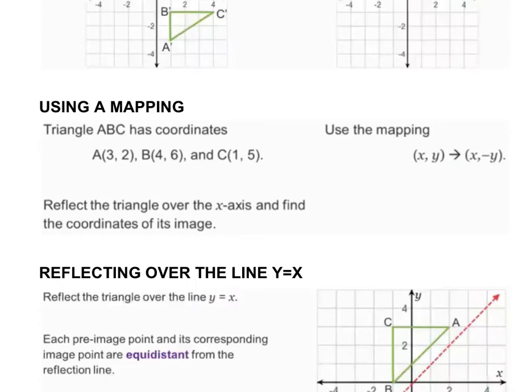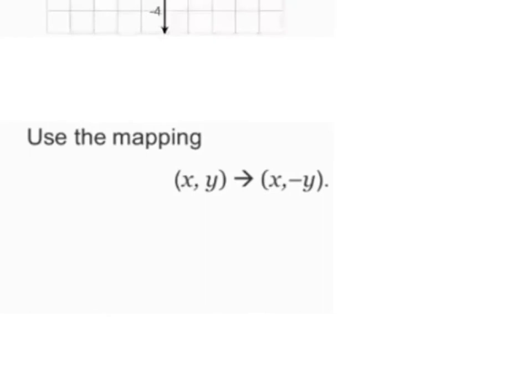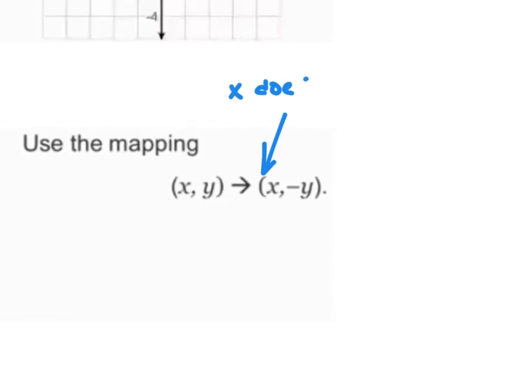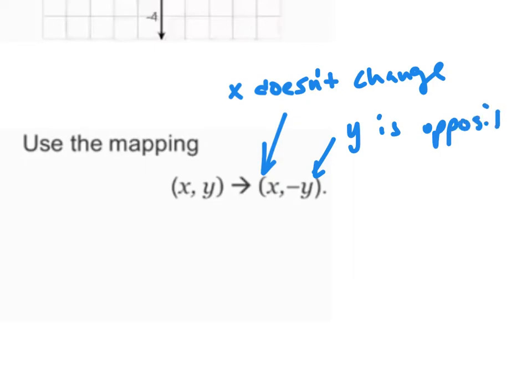If I use the mapping (x, y) becomes (x, negative y), what this says is that x stays the same, x doesn't change, and that the y value is opposite. Okay?